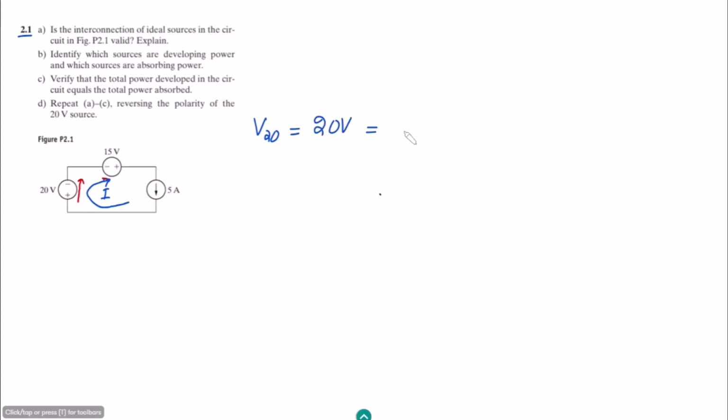This is the absorbing source. Similarly here you can see that the current is entering through negative and coming out of this positive. So this is the developing power source. Here we have V15, the 15 volt source, which is the delivering or developing power source. Similarly here we can see the current which is coming out of this one.